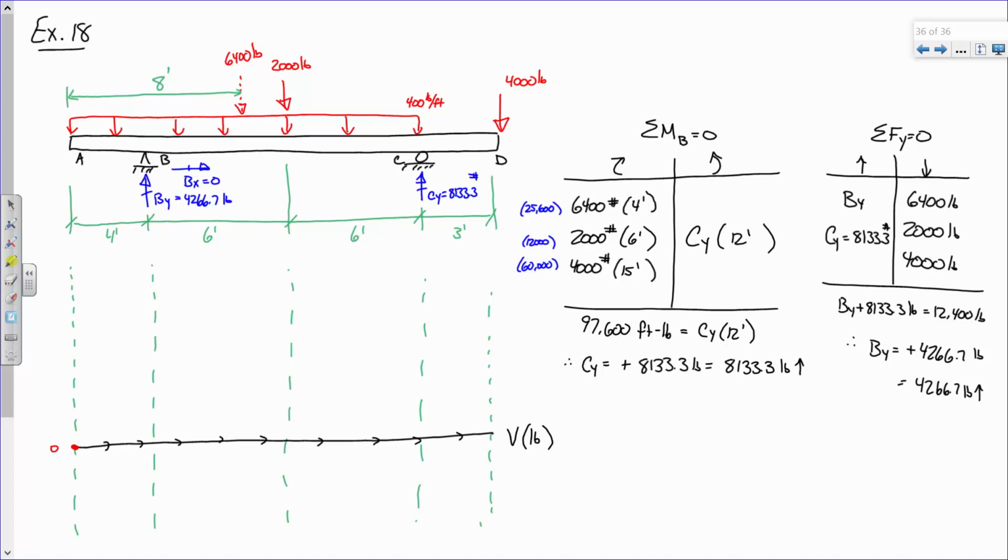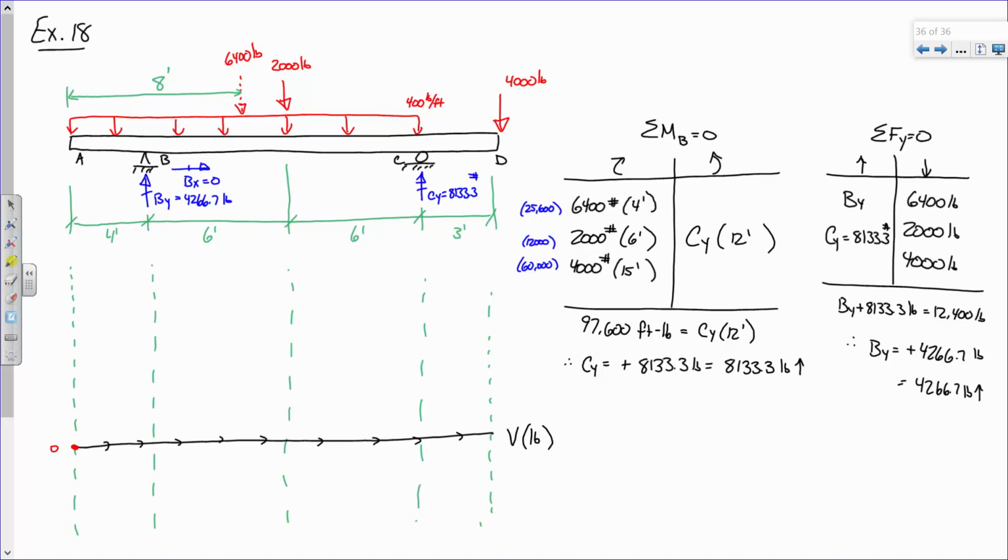Okay. Now, when you're drawing a shear diagram, you do what the beam tells you to do. So let's start off. I start at 0, and then the beam tells me to go down, right? It tells me to go down at a rate of 400 pounds per foot, so that's a straight line.